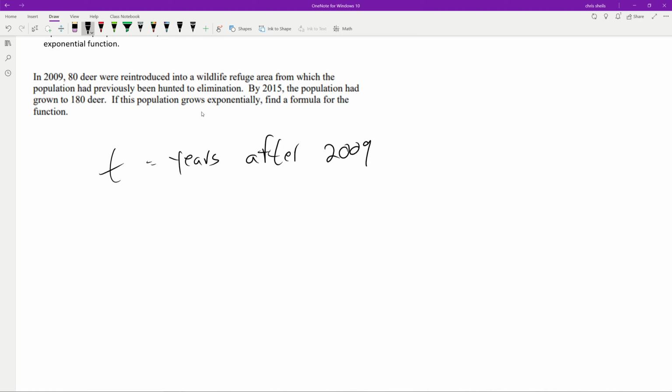If t is years after 2009, then we have two input-output pairs here, right? In 2009, we're at t equals 0, and there were 80 deer. In 2015, which is 6 years after 2009, there were 180 deer.